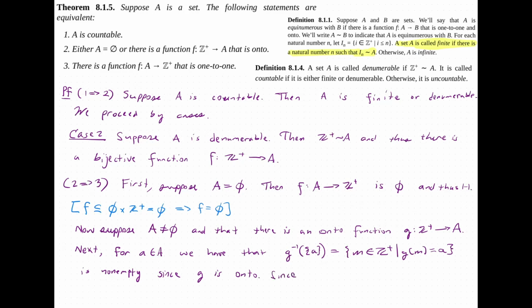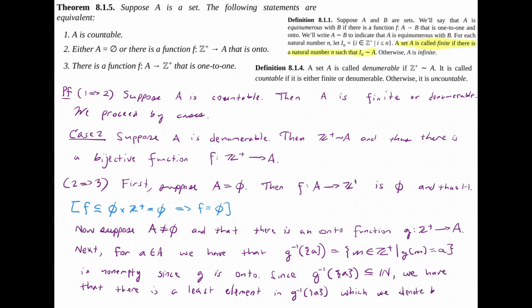since this set is a subset of the natural numbers. We have that there is a least element in the inverse image of the set containing a, which we denote by the minimum of g inverse of the set containing a.